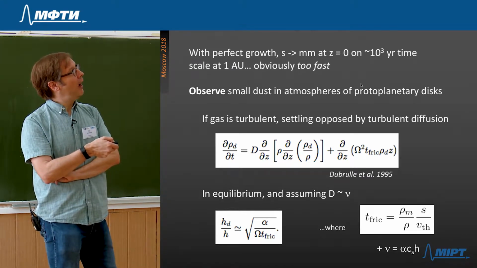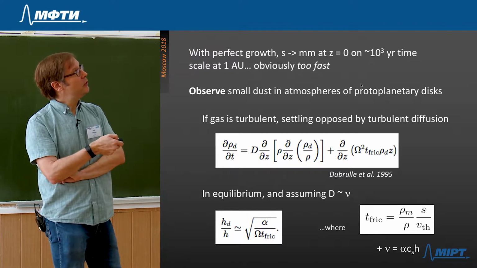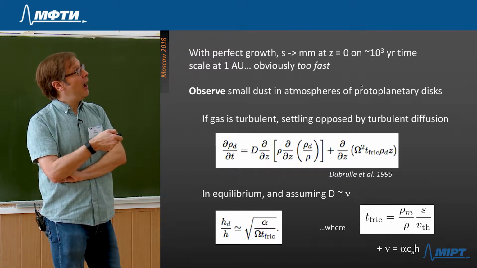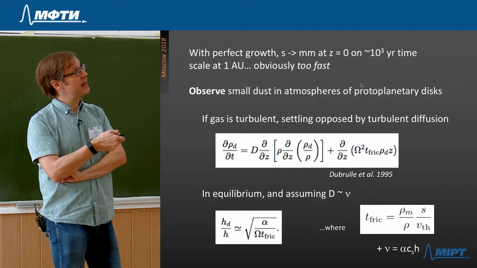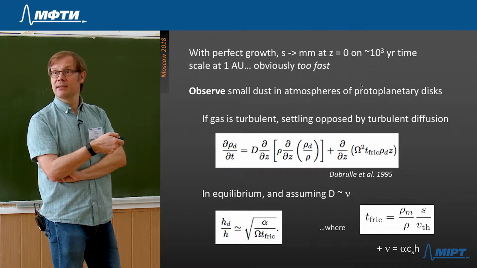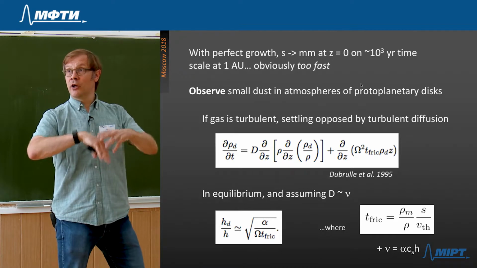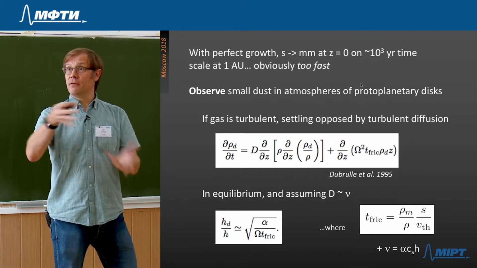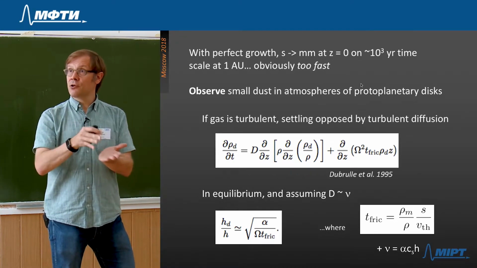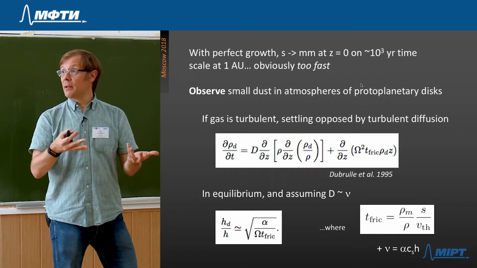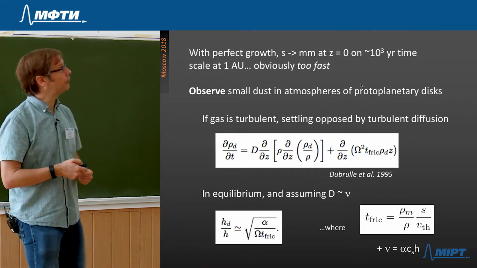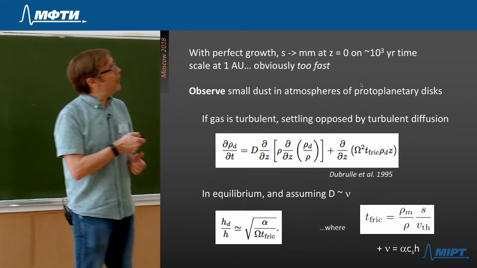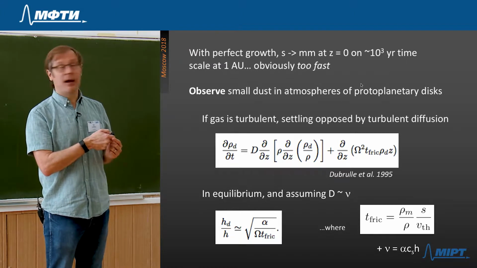But then, at least in a semi-quantitative way, you can add a diffusion term where the quantity that's diffusing is the concentration, the ratio of the dust density to the gas density. So the idea would be that diffusion is trying to equalize this concentration in the vertical direction, but then settling is trying to oppose that, and so you can set up some kind of equilibrium where those two processes are in balance. Okay? So, of course, this depends on knowing what this diffusion coefficient actually is.